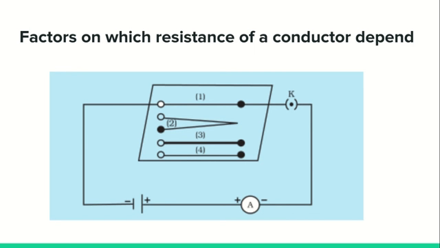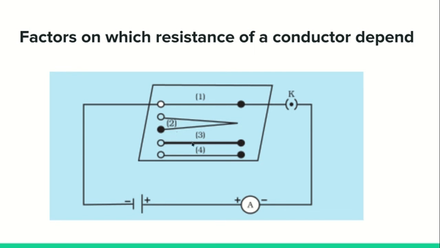That is, we find that the resistance R increases when the length of the wire is doubled or when the length of the wire is increased.